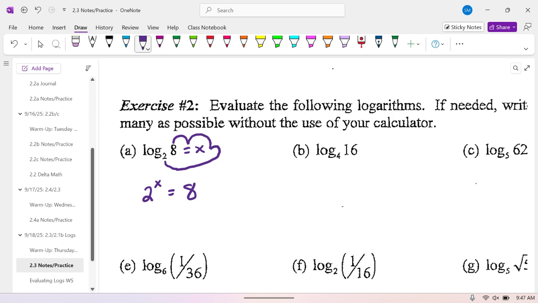Now, we don't really need to do a same base type deal because we can kind of eyeball this. 2 raised to what power is 8? So what power of 2 will give us 8? Not 4. That'd be 2 times 4. 3. So 2 cubed is the same thing as 8. So that means x is equal to 3.